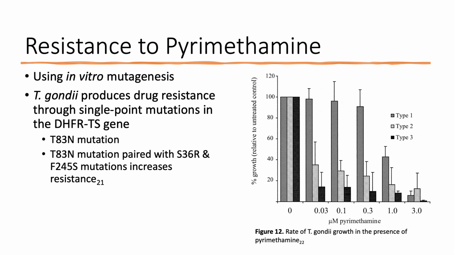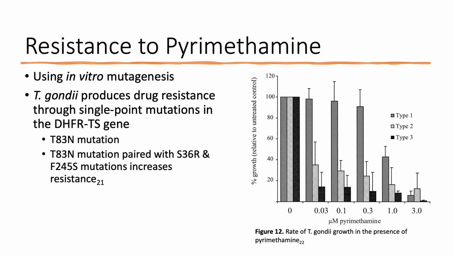Specifically, the T83N mutation in this gene, that is going to be what's responsible for T. gondii's resistance to pyrimethamine. Interestingly enough, though, if there is another single point mutation, the S36R mutation, if that's paired with the T83N, that increases the resistance to pyrimethamine.